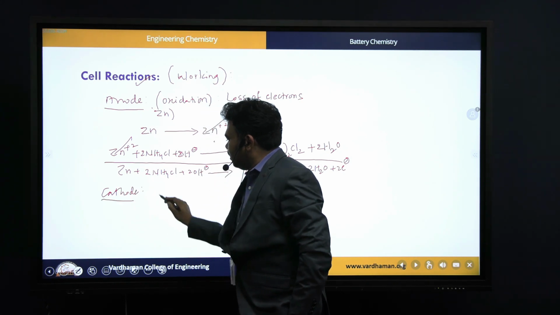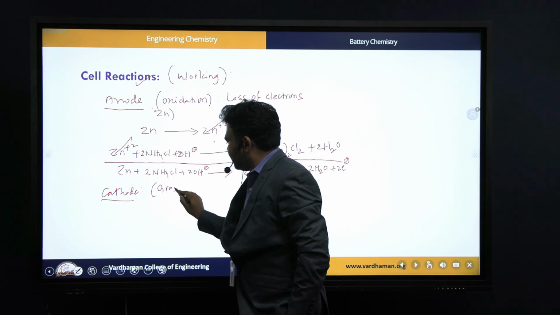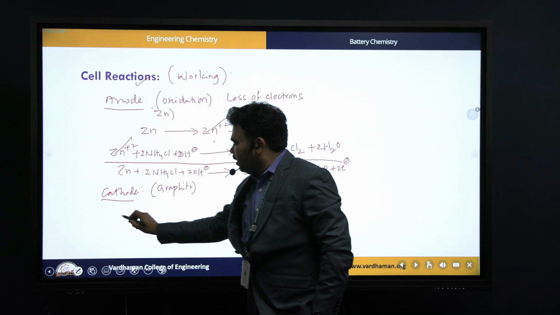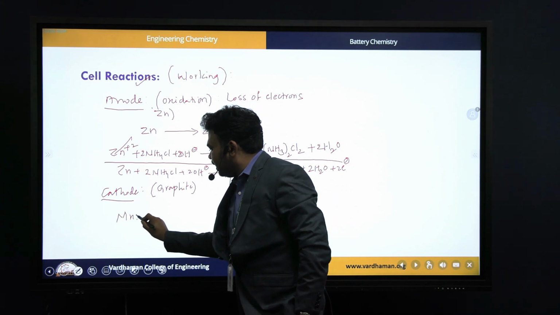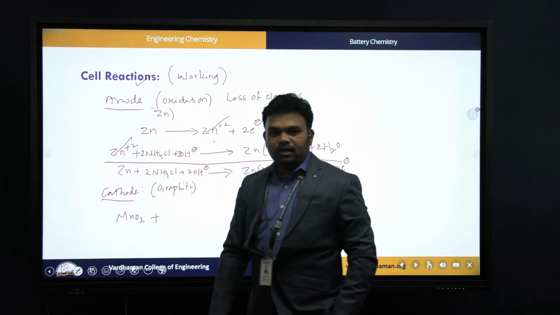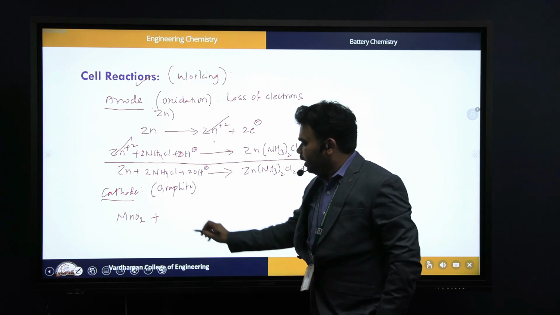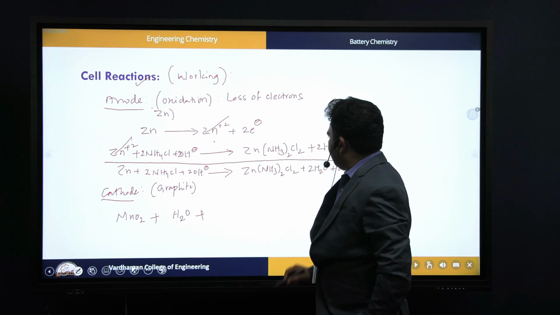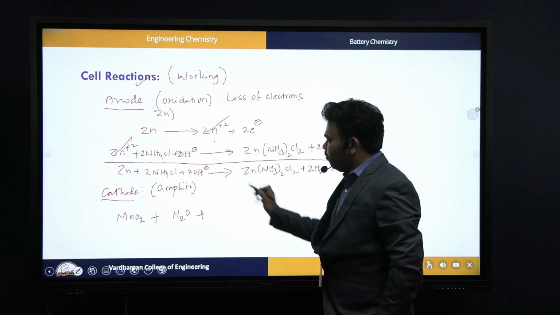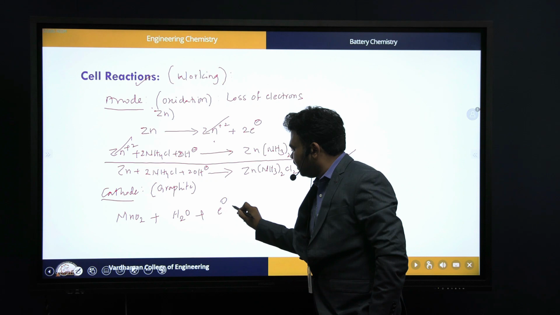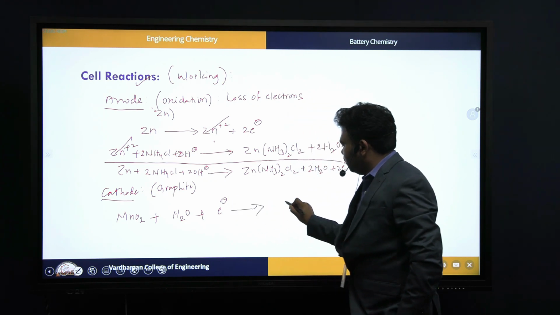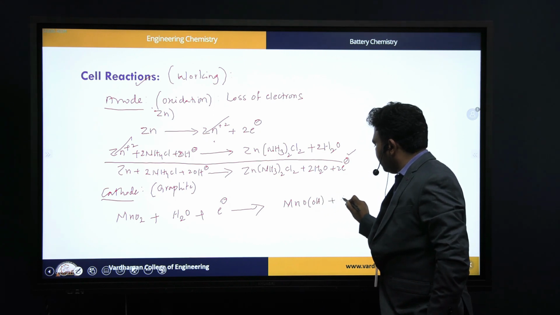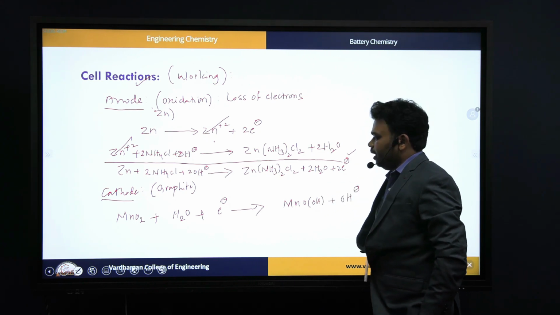Next we move to the cathode. We have taken graphite as the cathode. The reaction that takes place here involves manganese dioxide, which, as we just discussed, is a part of the electrolytic solution. It undergoes reaction with water, and the electrons released at the anode move toward the cathode. As part of the cathodic reaction, it is converted into manganese oxyhydroxide, and OH- ions are released.